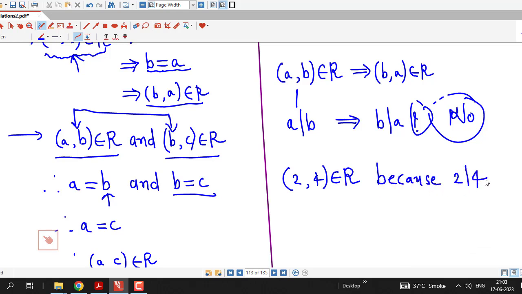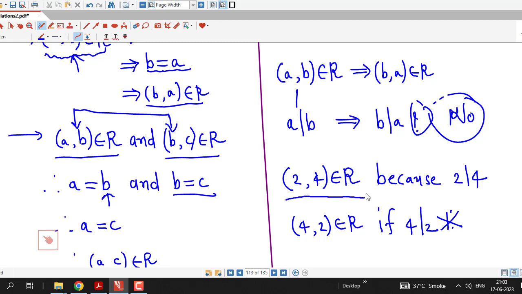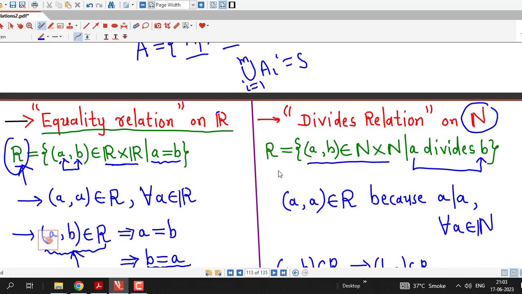Now if we reverse the order, we have the ordered pair (4, 2). This is in R if 4 divides 2, but 4 cannot divide 2. So (2, 4) belongs to R, but (4, 2) is not in R. Therefore R is not symmetric, and therefore R is not an equivalence relation.